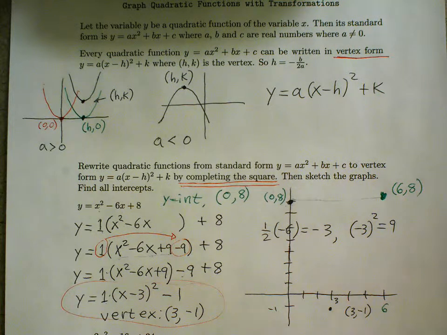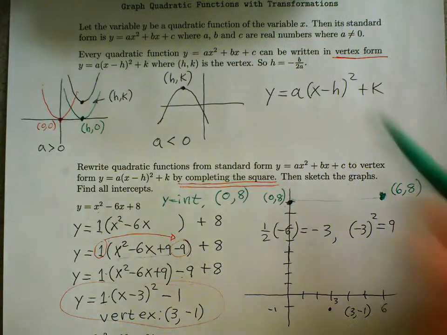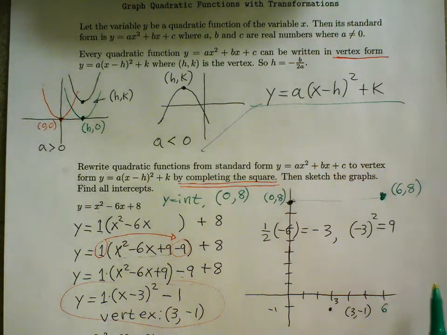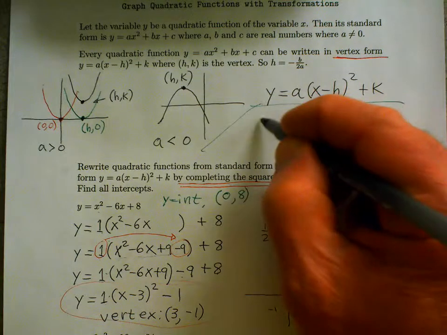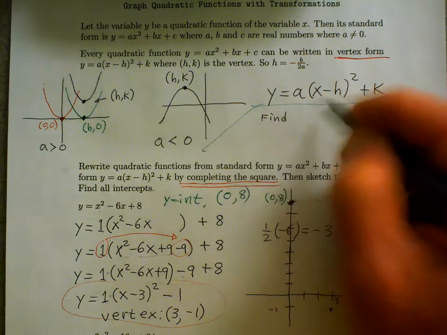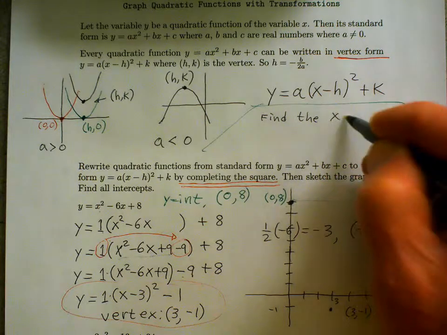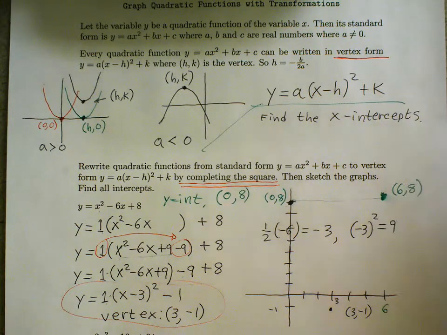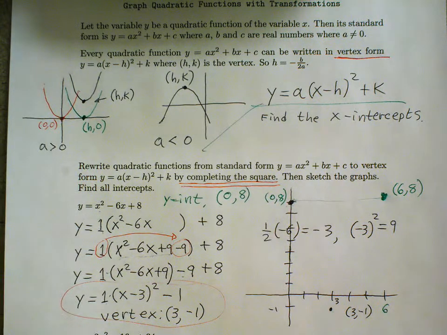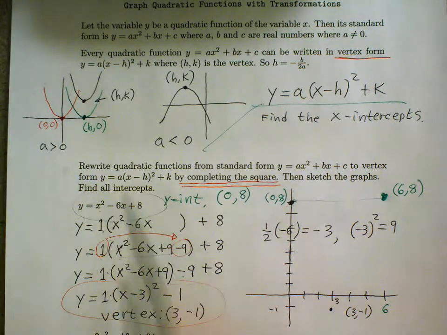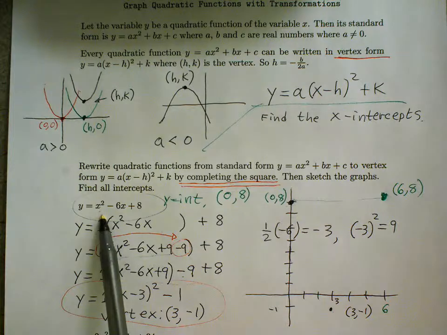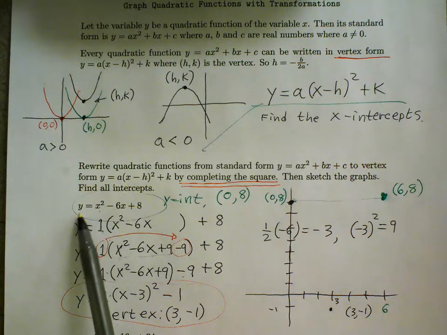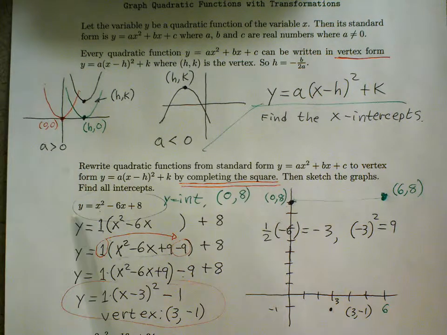But let's find the x-intercepts. So let's borrow the space up here to find the x-intercepts for this function. Okay, if we use the standard form, every x-intercept has a y-coordinate that's equal to 0.